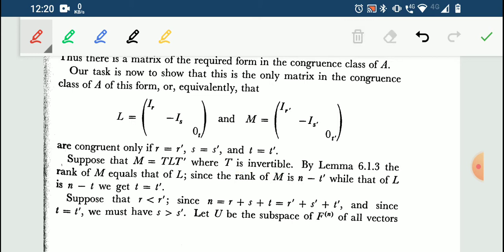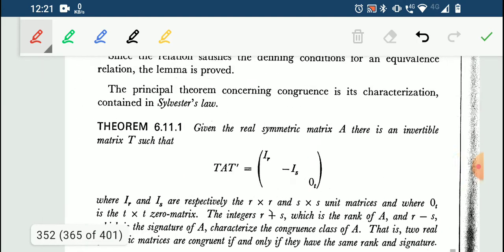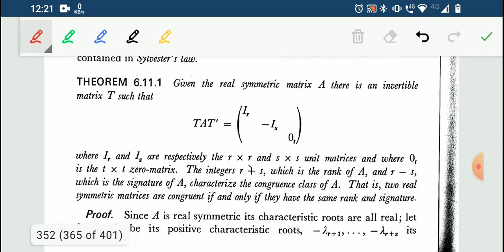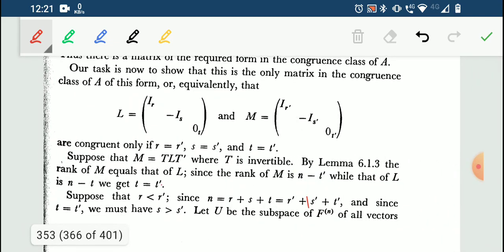So by lemma 6.1.3, which says that if two matrices are congruent, then their rank will be the same, the rank of M is equal to that of L. Both have the same rank.